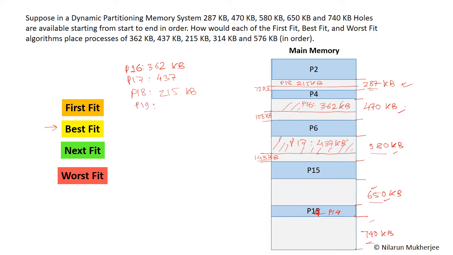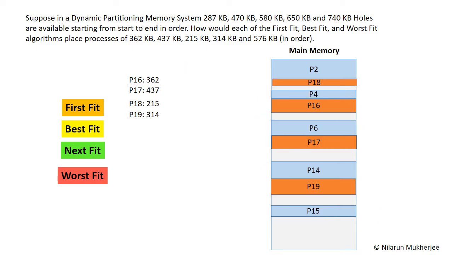So 215 kb P18 will be here, the leftover will be 72 kb. Then P19 will come, which is 314 kb. Now 314 kb, again it will search 72, 108.